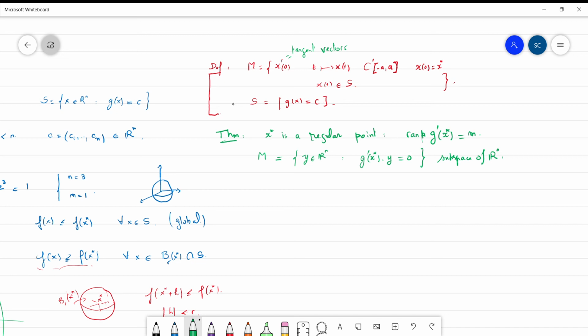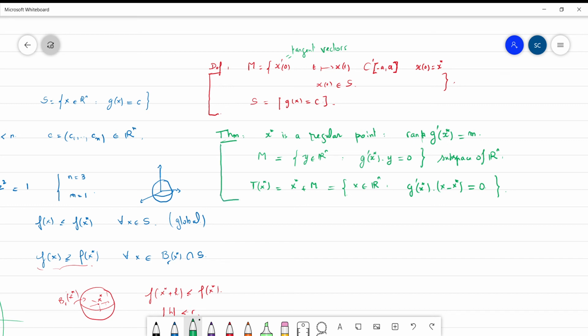We denote by T at x star the set of the translated M, which is the set of all x in Rn such that g prime of x star times x minus x star equals the zero vector. This is how we can characterize this set.